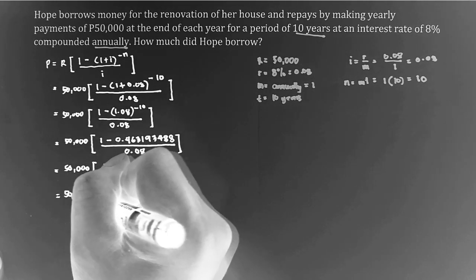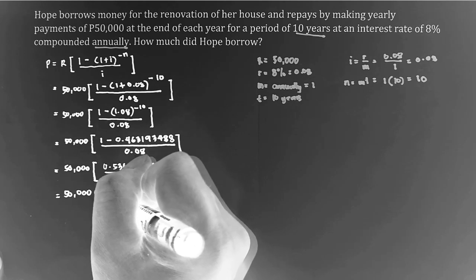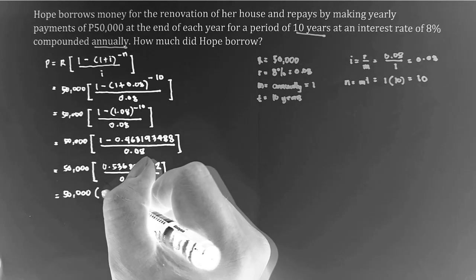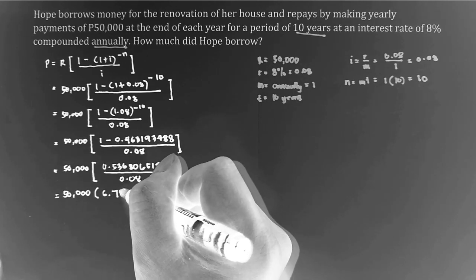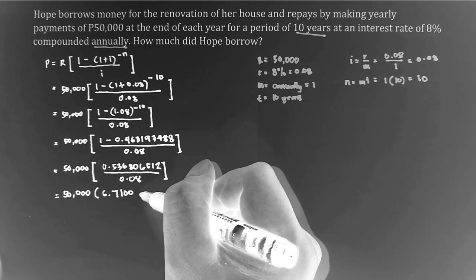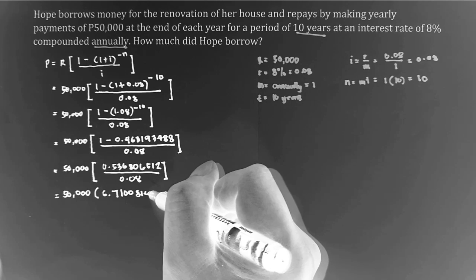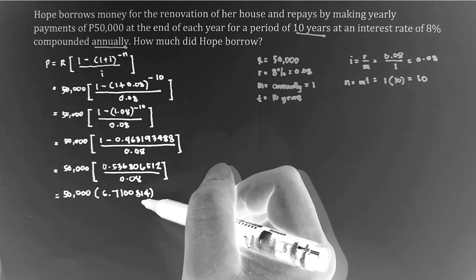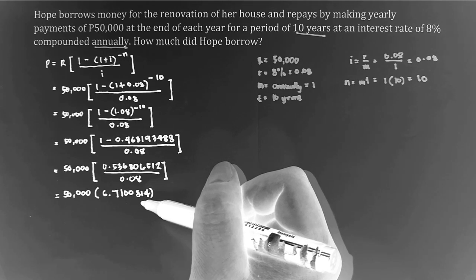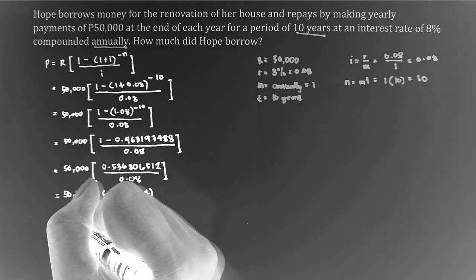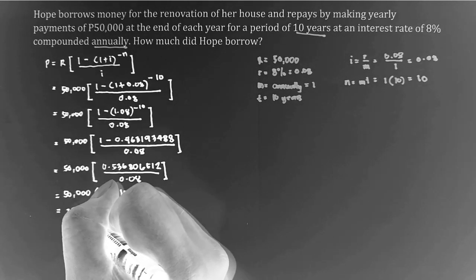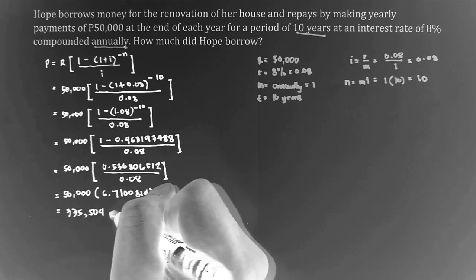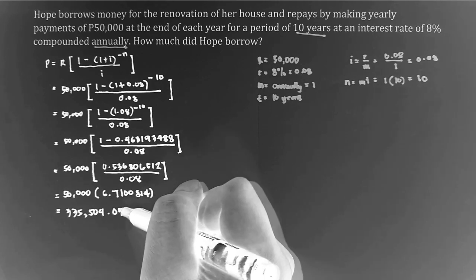So magkakaroon tayo ngayon ng 50,000 times yung quotient ng dalawang ito, which is 6.710081. And then multiplying these two numbers, 50,000 times 6.710081, this will give us 335,504.07.